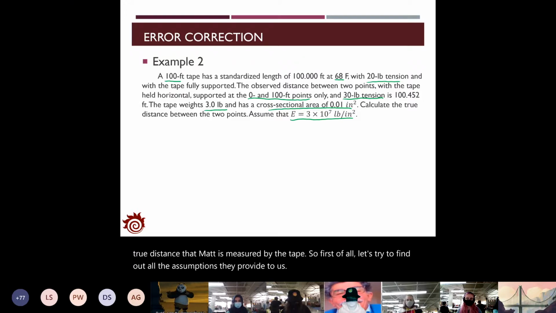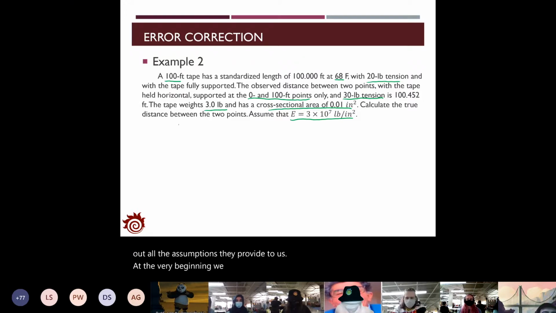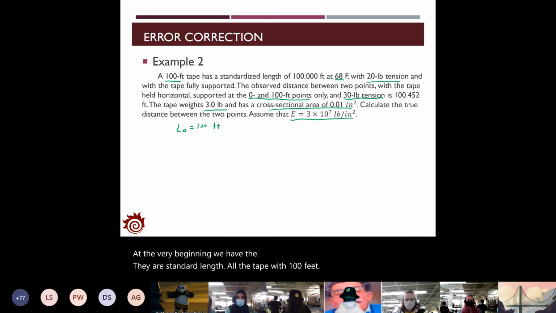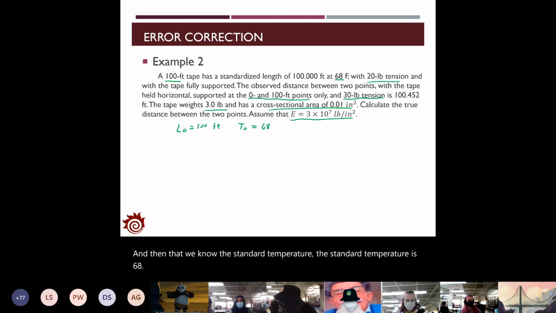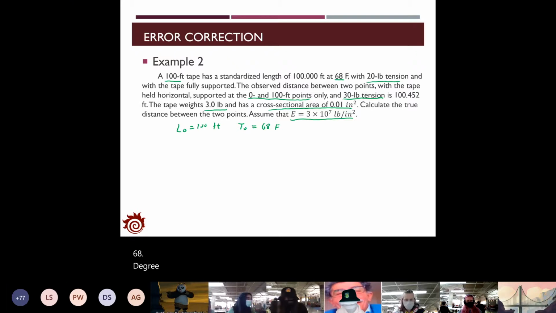At the very beginning, the standard length of the tape is 100 feet, and the standard temperature is 68 degrees, and the standard tension is 20 pounds.